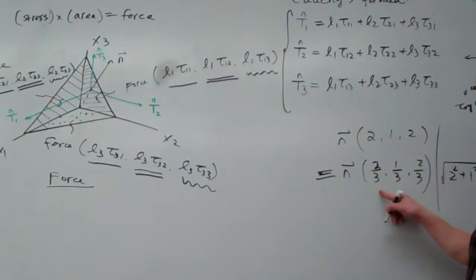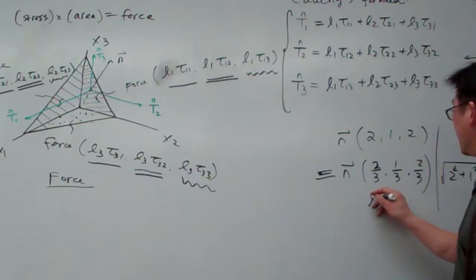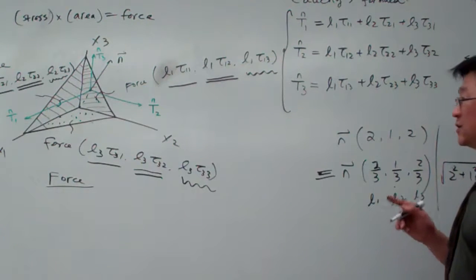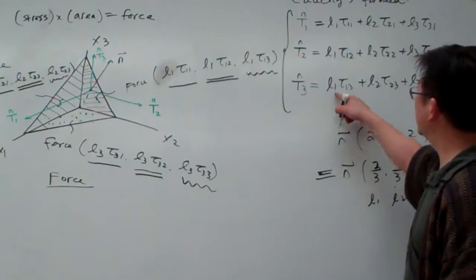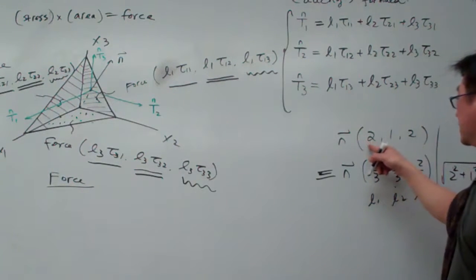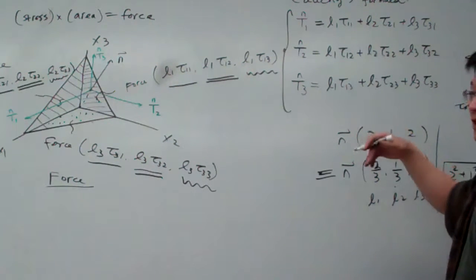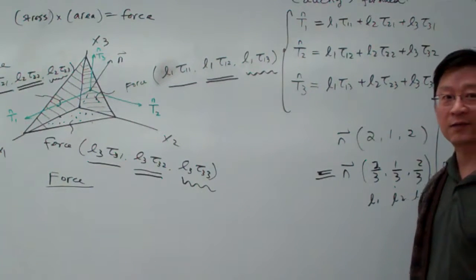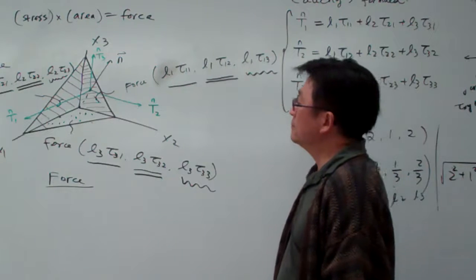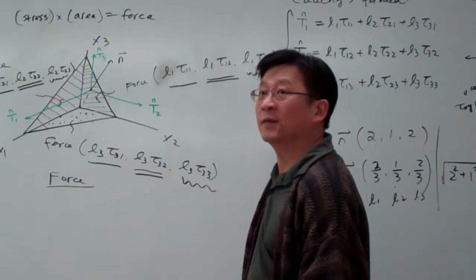So you have to convert it into a unit vector, and this is your L1, this is L2, this is L3. This is the only point you need to pay attention to before you apply Cauchy's formula. If you are using non-unit vectors, then everything will be scaled up. It's not correct. Okay? Good enough?